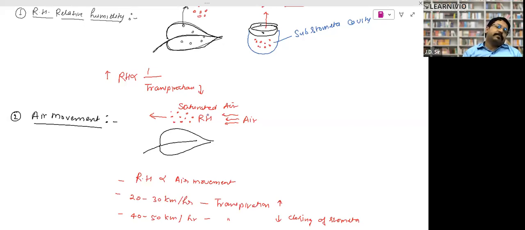When wind speed increases, the rate of transpiration also increases. Full stop.